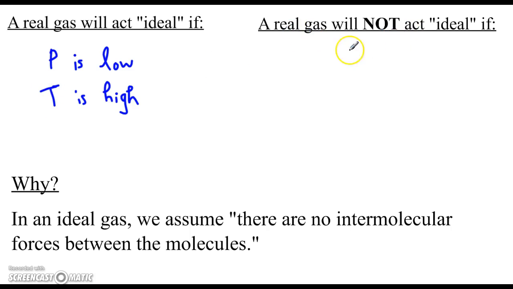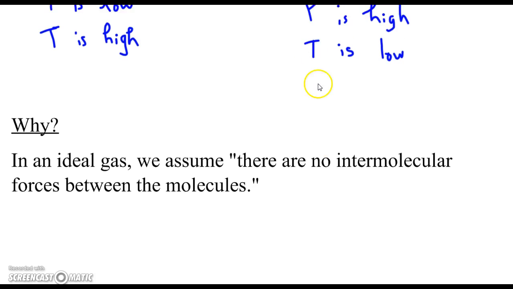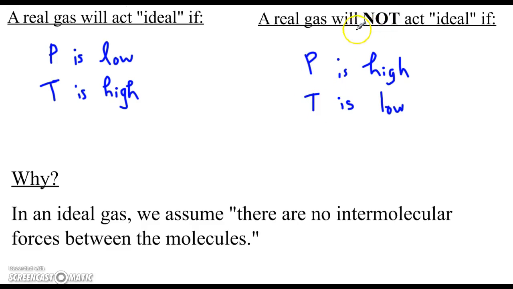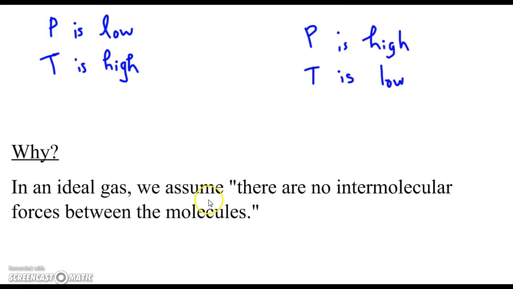And it won't act ideal when you have a really high pressure. It also won't act ideal when you have a really low temperature, super cold. This is low or high relative to gases.